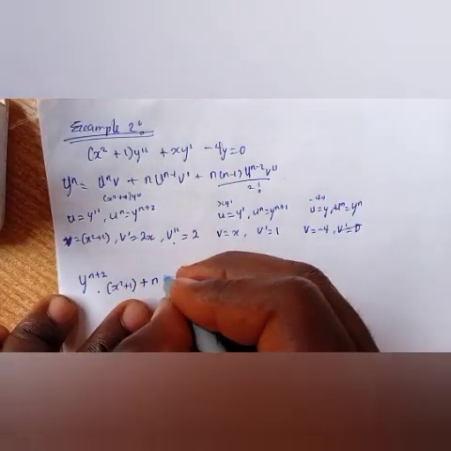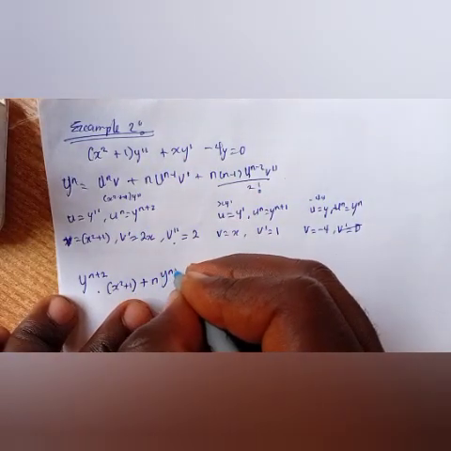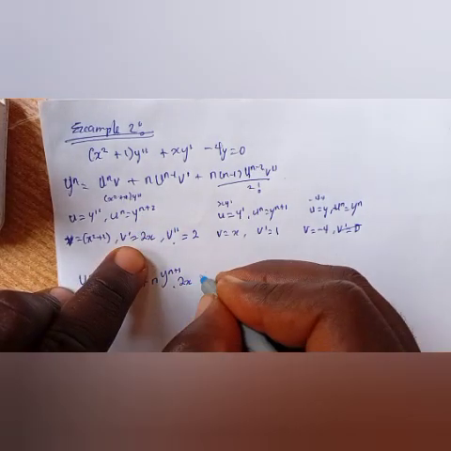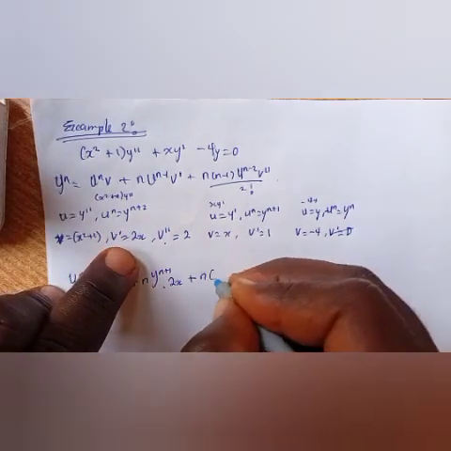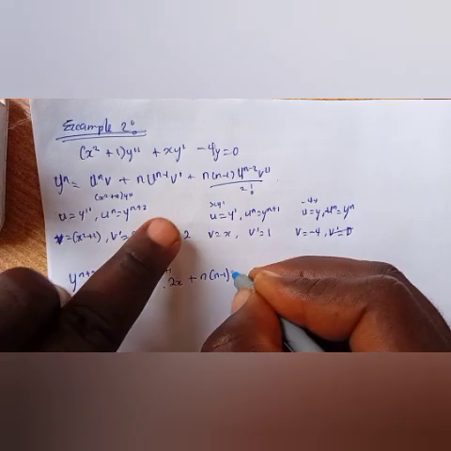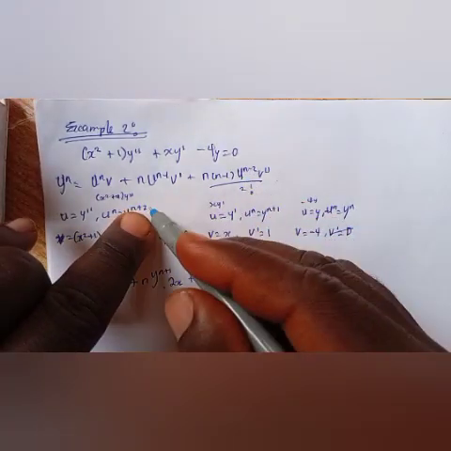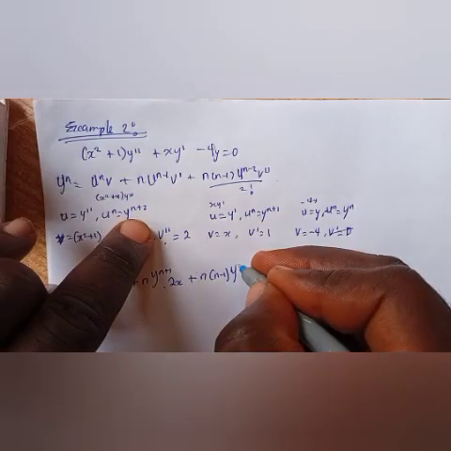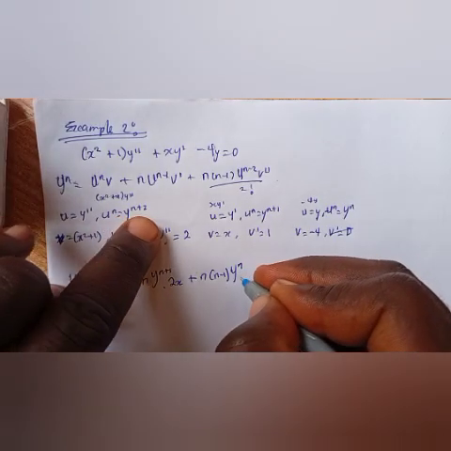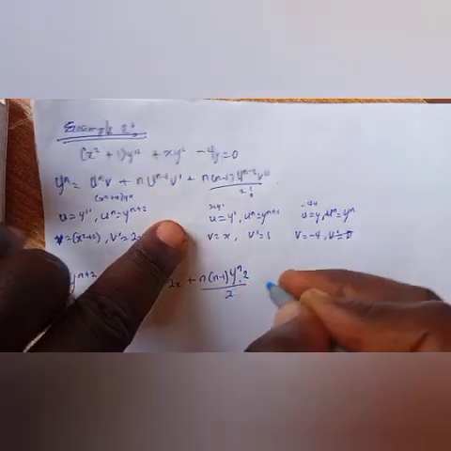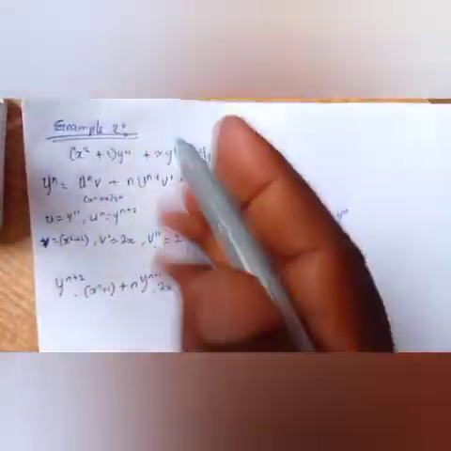If you minus 1 from here, you have y_(n+1) times v_1, that's 2x, plus n(n-1), and if you minus 2 from here, because using this formula, that will be y_n times what's our v_2, which is 2 over 2 factorial. So we are done with this part.